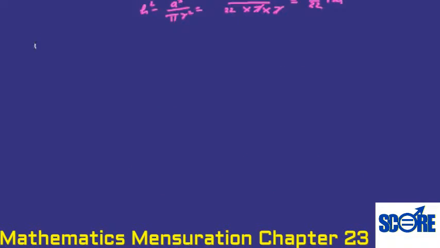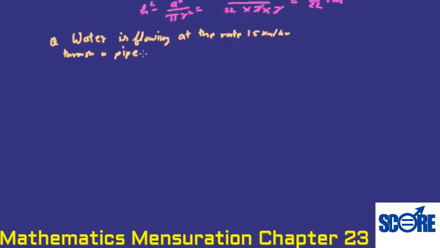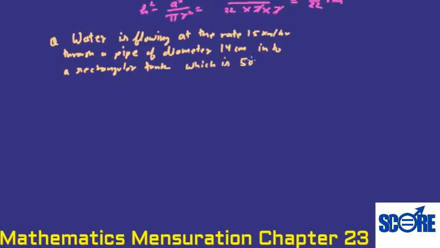Now we move to the next question. Water is flowing at the rate of 15 km per hour through a pipe of diameter 14 centimeter into a rectangular tank which is 50 meter long and 44 meter wide.